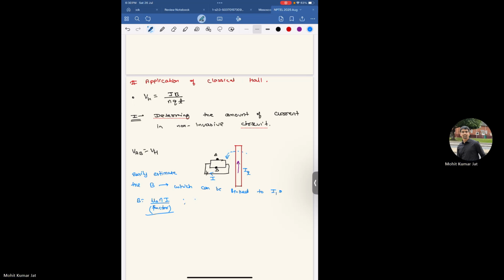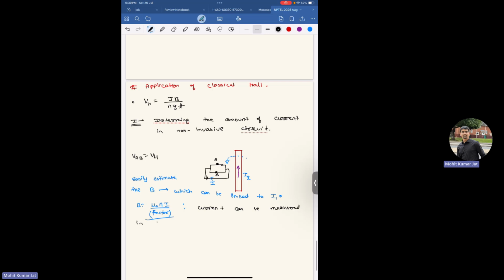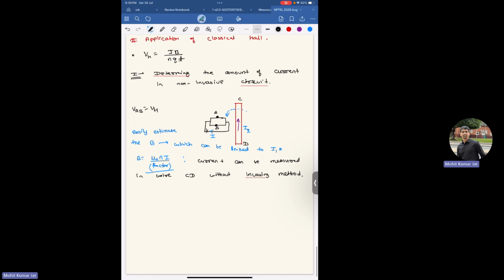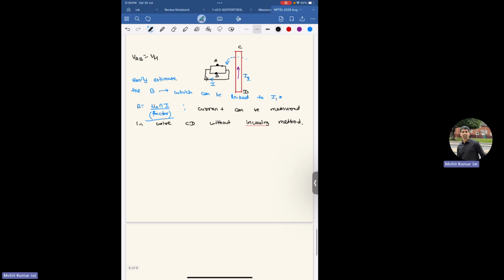And then the current can be measured in wire CD without invasive methods, without cutting it, without putting any contacts on top of it. You basically can measure the current through this wire CD just by putting the Hall sensor near to this wire. This is one application.